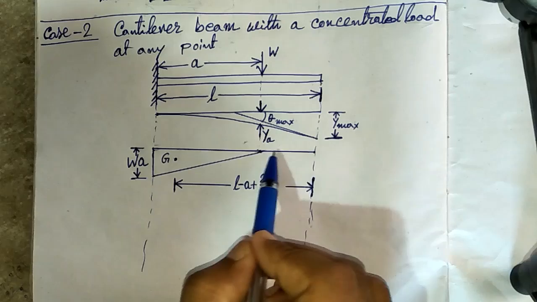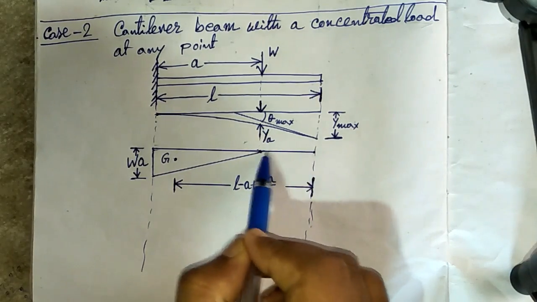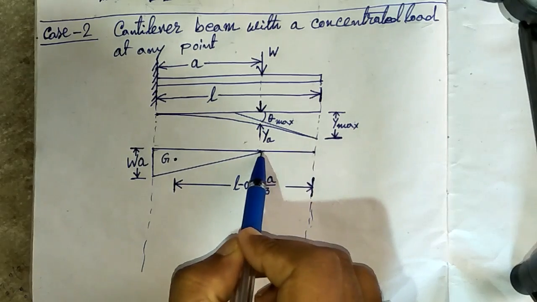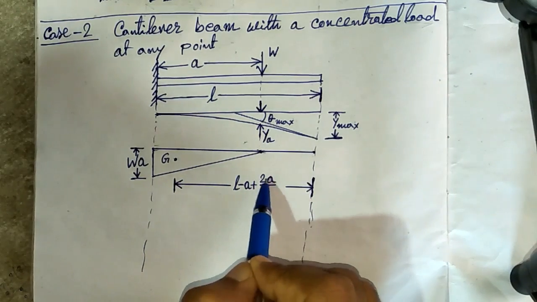This distance is L minus A, so this one plus this one is L minus A plus 2A by 3.